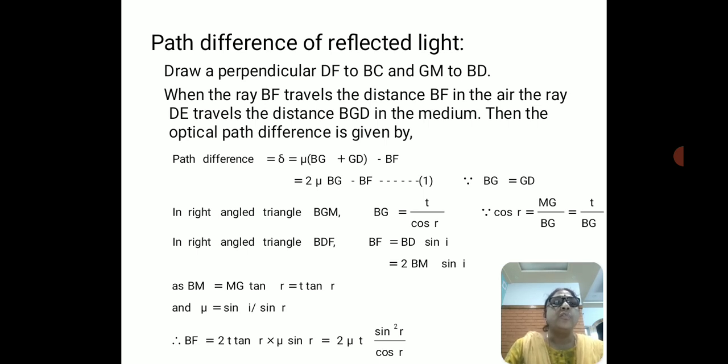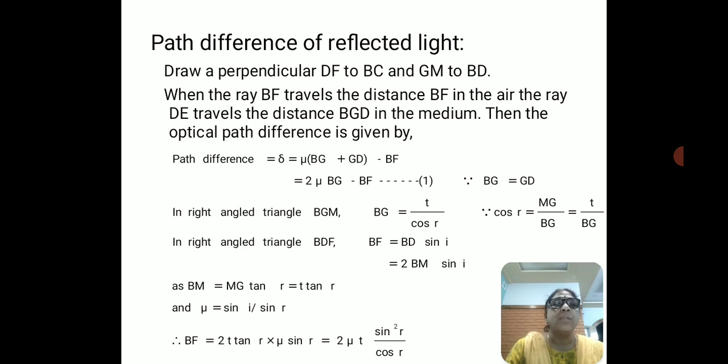To find the value of BG, in the right angle triangle BGM, cos r is equal to MG by BG, where MG is the thickness of the film, t. So BG is equal to t divided by cos r. Then in the right angle triangle BDF, we get BF equal to BD into sin i, where BD is 2 times BM, so BF is 2 BM into sin i.